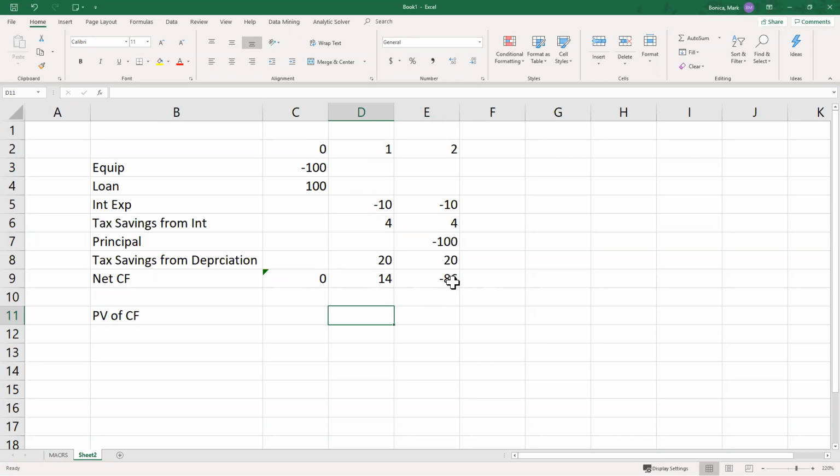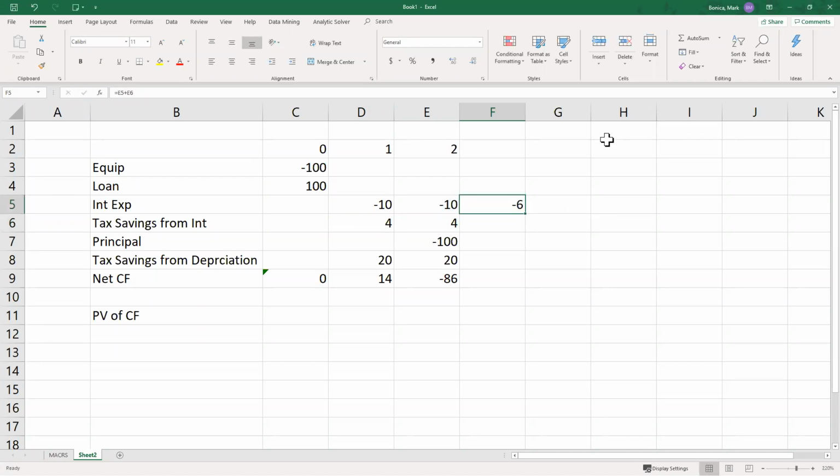And we said that we were going to use a 6% discount rate, right? Because our borrowing rate is 10%, but because we get a tax savings from paying our interest, the effective amount of interest we're actually paying is minus 10 plus this 4.